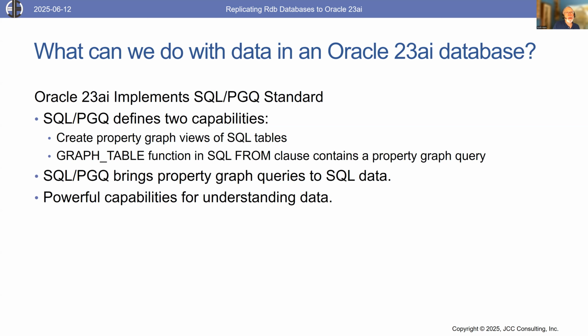In addition to working on RDB database performance, I also participate in the international standards process for the database languages in the SQL standard. And so I think this implementation is really cool because I spent a couple of years helping to write the SQL PGQ standard.